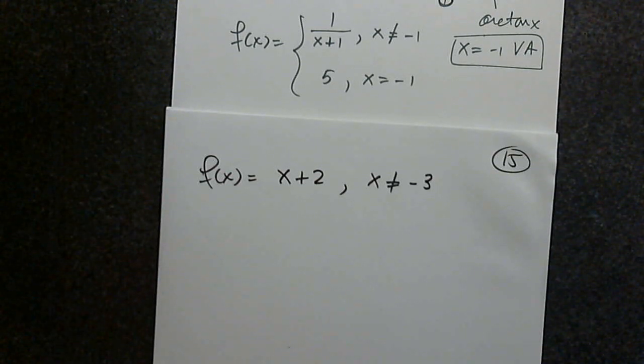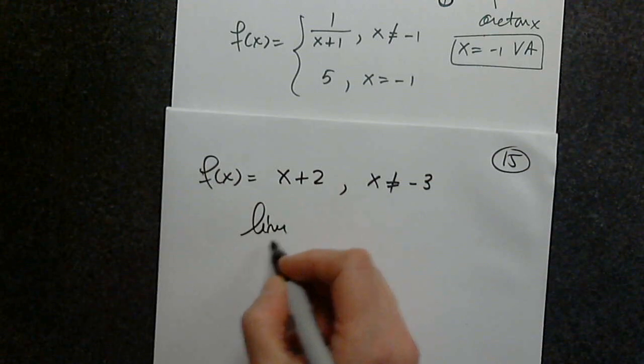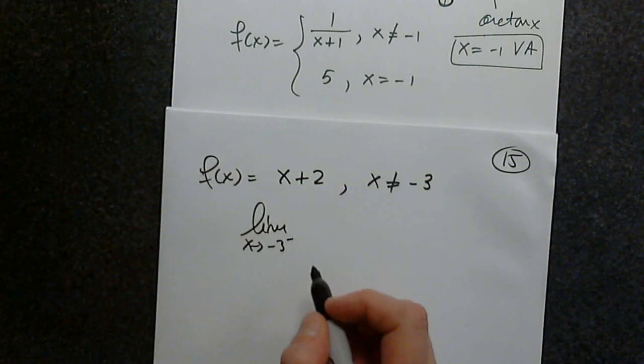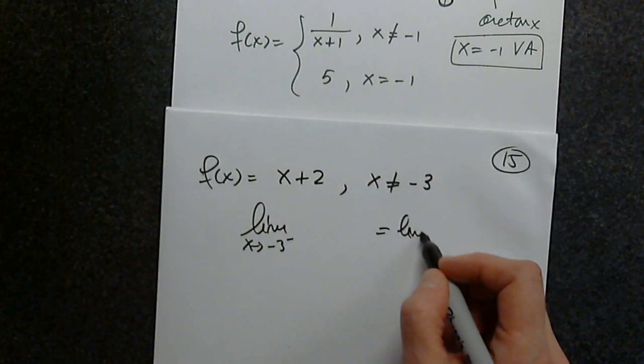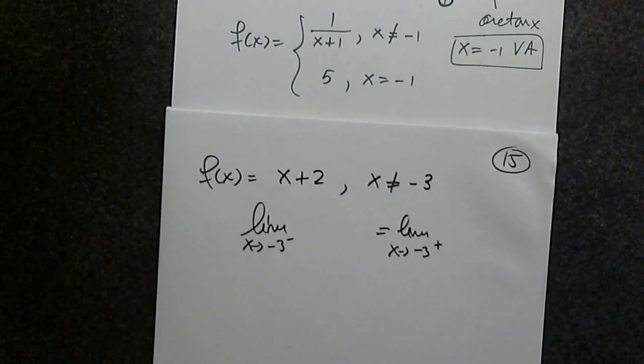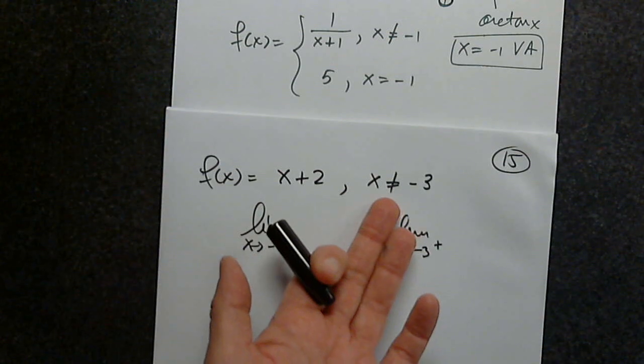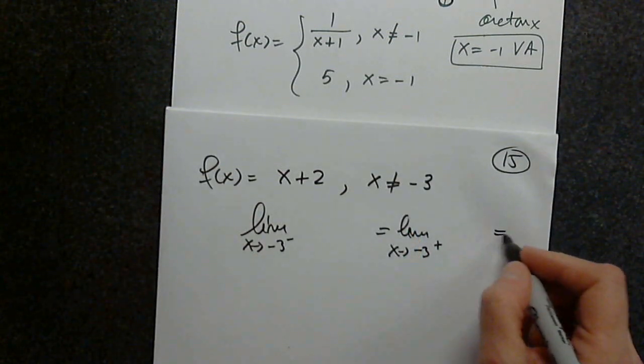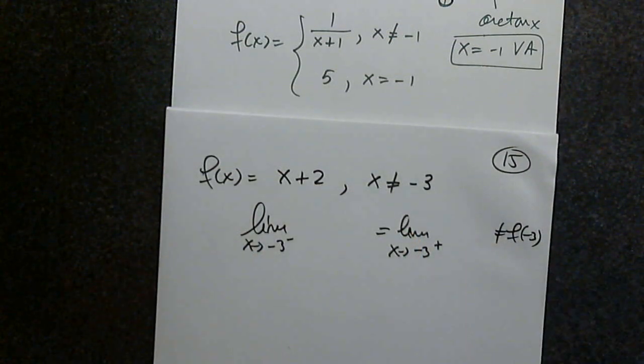Let's determine the limits. If the limit from the left of negative 3 equals the limit from the right of negative 3, and not the function value, this function is not defined at negative 3, not f of negative 3 because it's not even defined, then it has a removable discontinuity at negative 3.